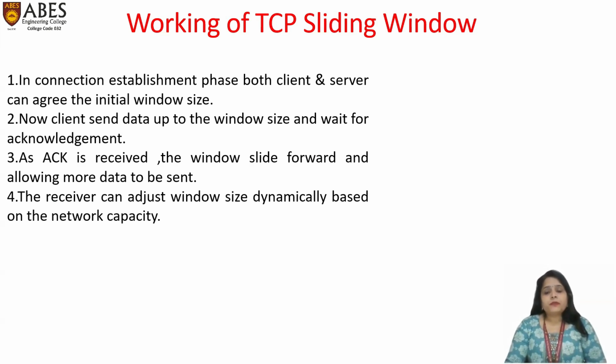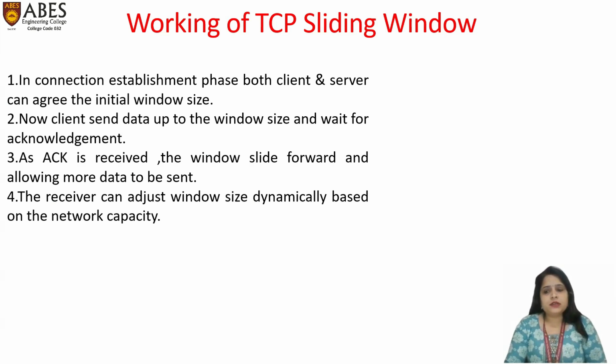Why? Because TCP works in full duplex mode. It means both the sender and receiver can transmit or receive data at the same time. So we are required to reserve resources on both sides.